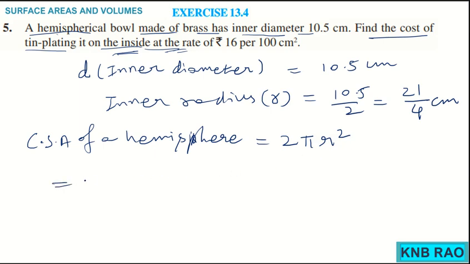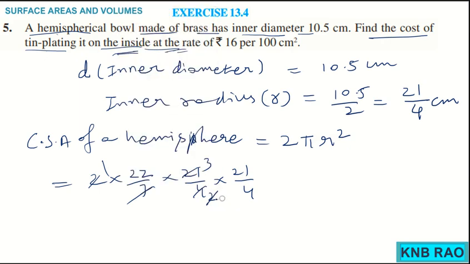Now 2 pi r square, by substituting pi value 22/7, r is 21/4 into 21/4. So 7 ones are 7, 7 threes are 21, 2 ones are 2, 2 twos are 4, and further it cancels with 11. So I have got totally 11 into 3 into 21 upon 4.